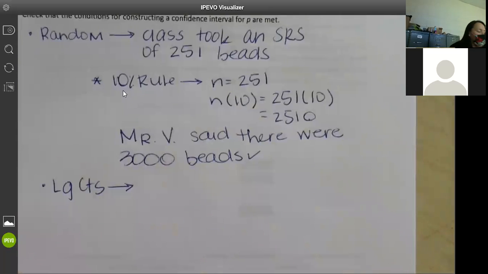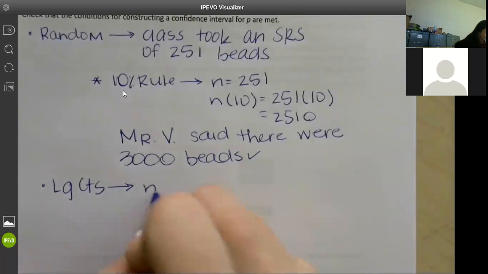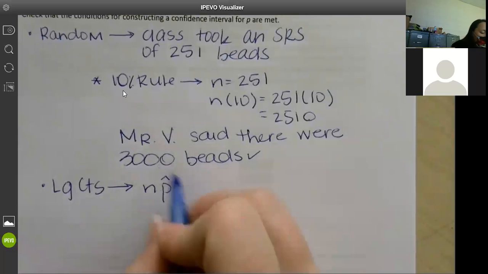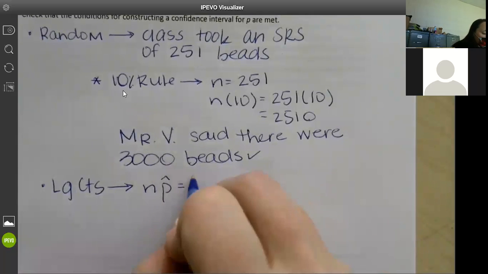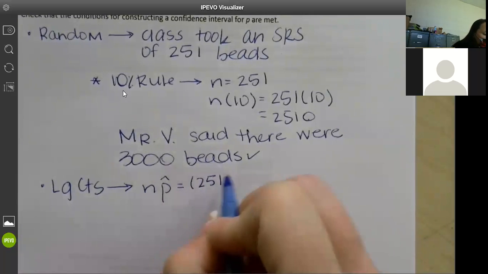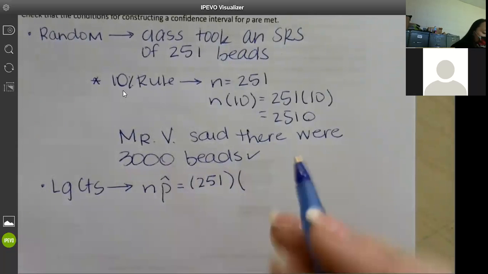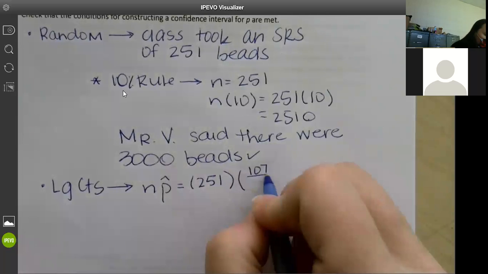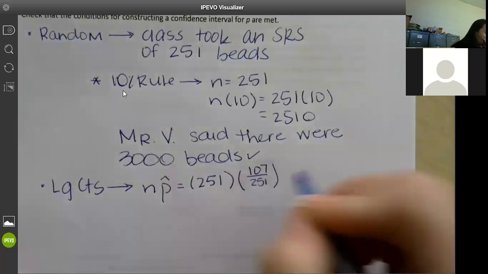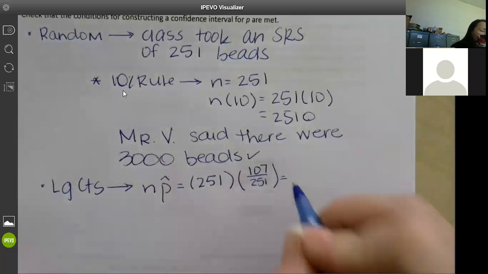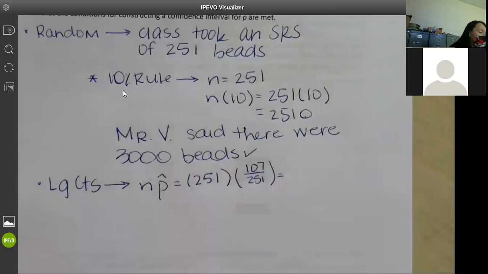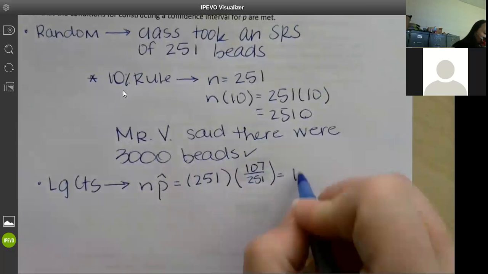The last one we need to do is large counts. So the first thing that we're going to do is N times P hat. N was 251. P hat we found on the other page, 107 over 251. If you can multiply quickly in your head, these two will cancel out and you just get 107.